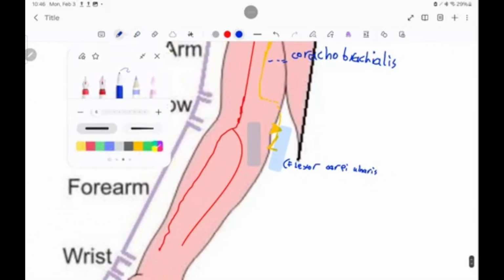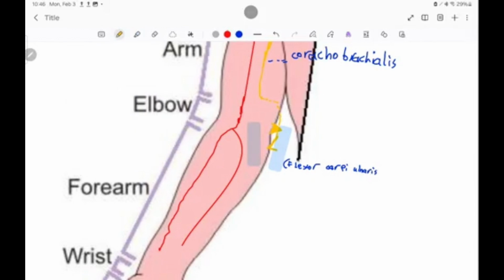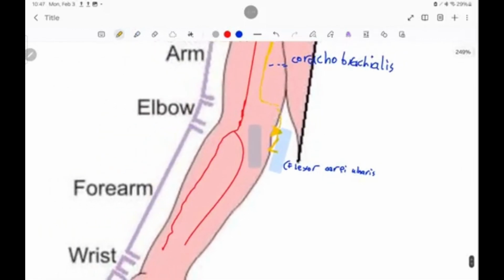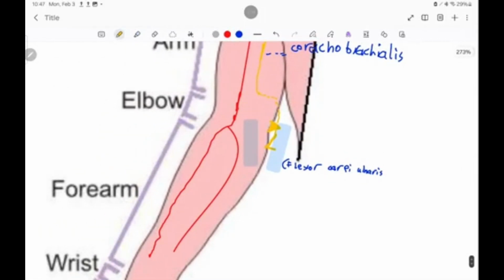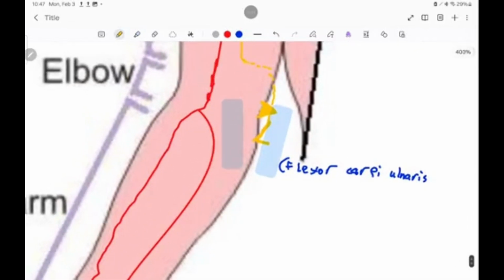Okay. So now, we said also that the muscle that is deep to it is the flexor digitorum profundus. There are two parts of the flexor digitorum profundus, a medial part and a lateral part. The lateral part is supplied by the median nerve.